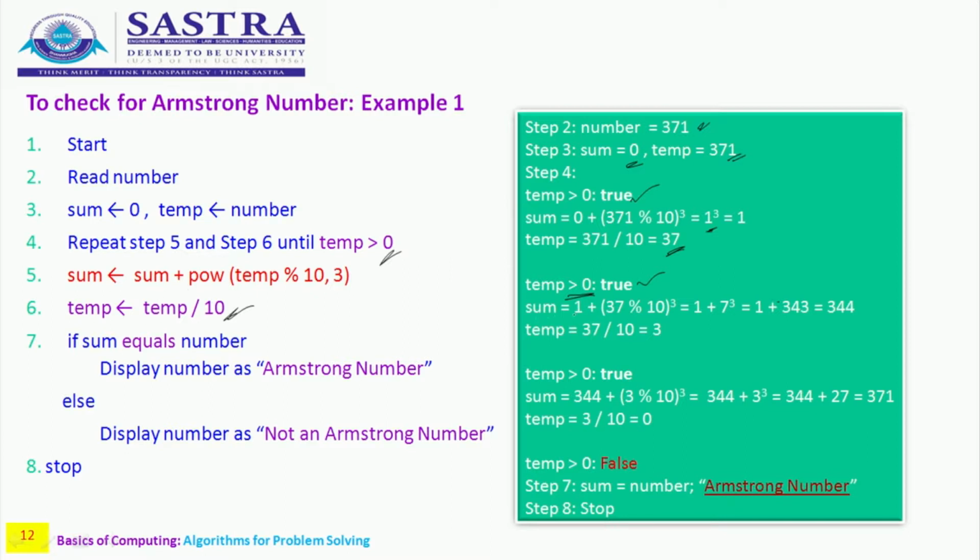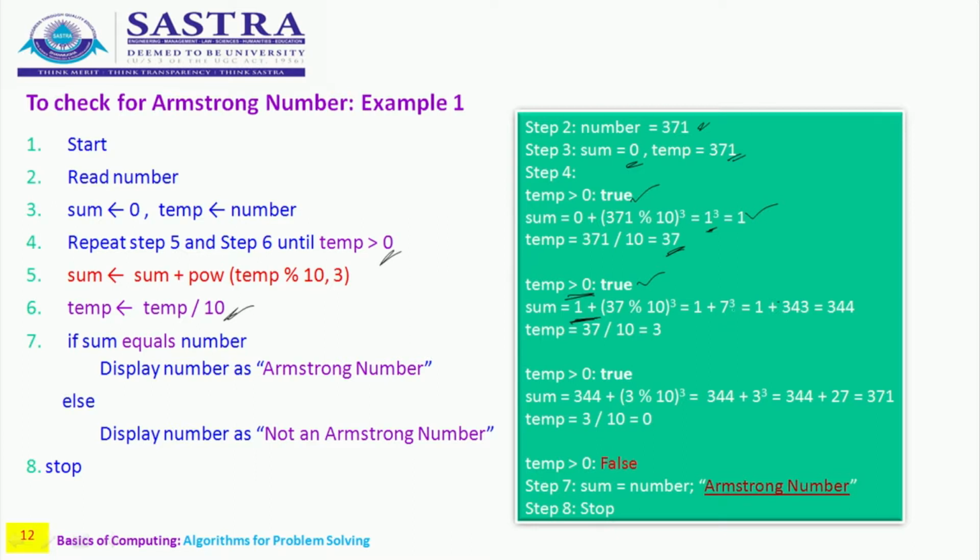Inside the loop, we have sum is equal to sum plus. So your previous sum is 1. So sum plus the new temp value, that is 37 mod 10, the whole power cube, that is equal to 1 plus, which is your previous sum, 37 modulus 10 gives you 7.